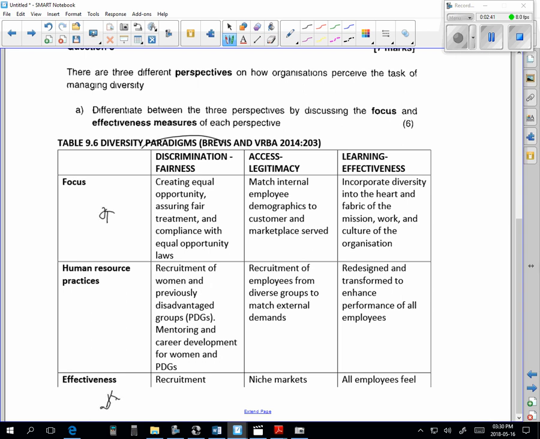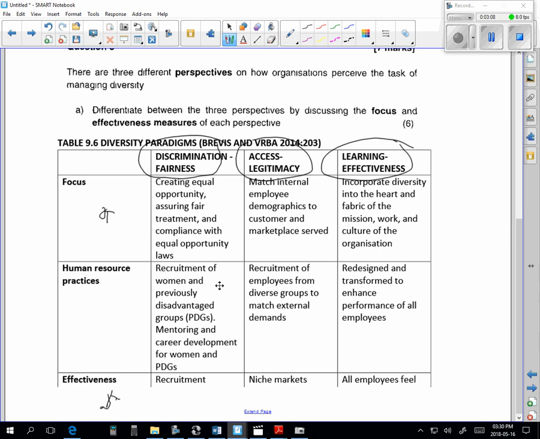These are your 3 perspectives: discrimination and fairness, access and legitimacy, and learning and effectiveness. Your focus is creating equal opportunity and fair treatment for everybody. Your access is matching internal employee demographics to customer and marketplace served. And learning and effectiveness is incorporating diversity into the heart and fabric of the mission, work, and culture of the organization.